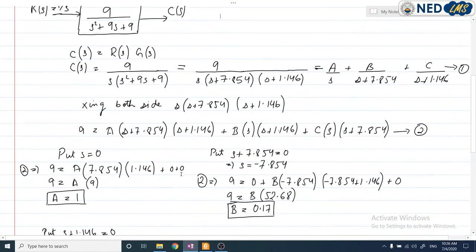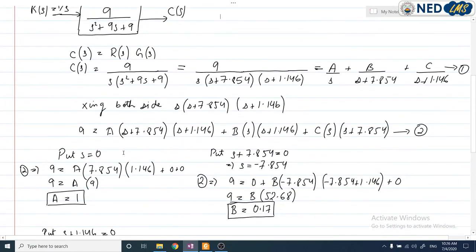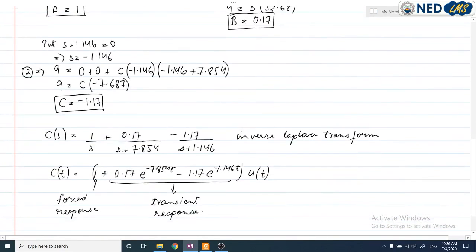So the term 9 in the numerator here is responsible for the amplitudes of these two responses, the terms 1, 0.17, and 1.17, and it does not put any effect on the exponential term power, and these exponential terms are basically responsible for the form of the output response.